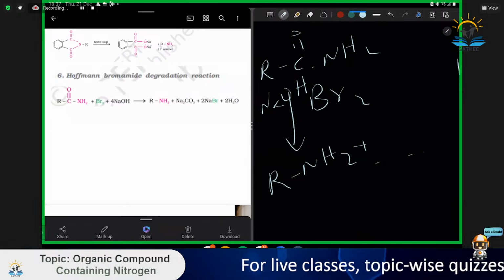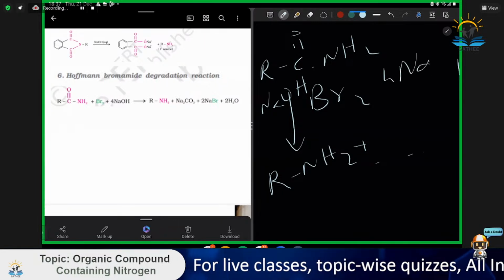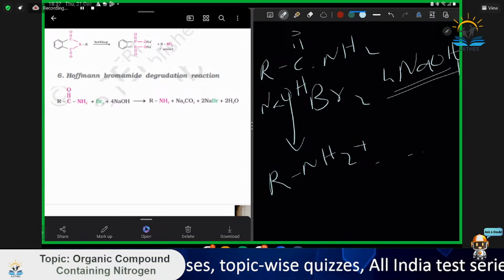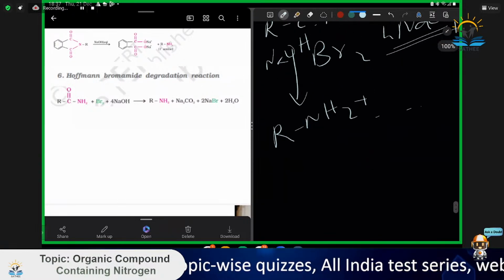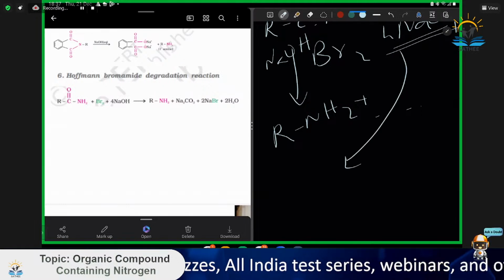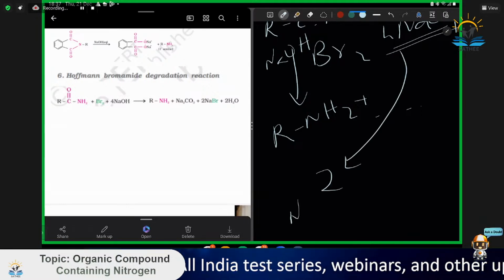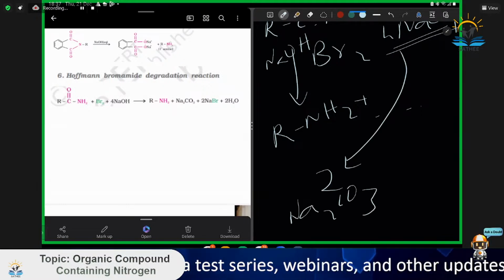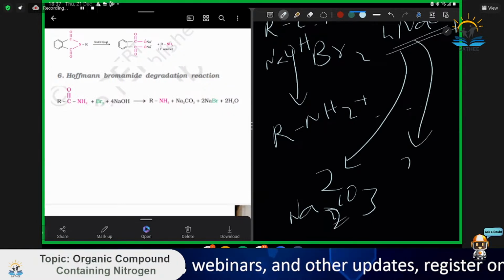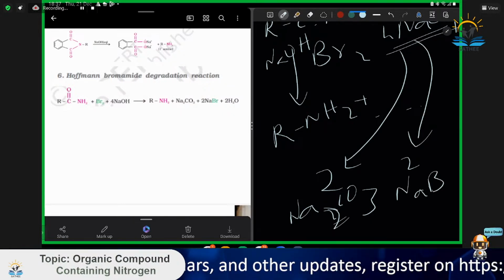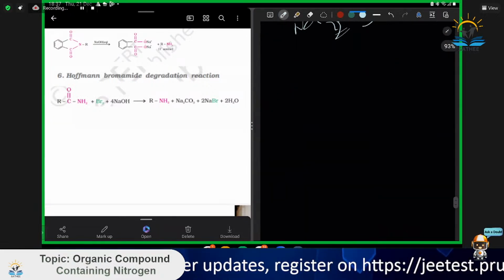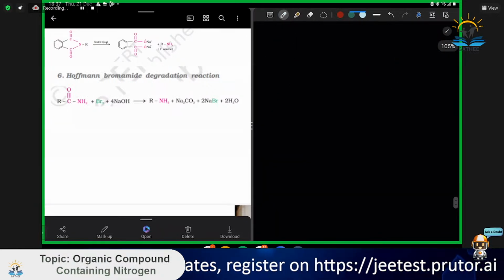You need 4 moles of NaOH. Of the 4 moles, 2 are going to be Na2CO3, and the other 2 NaBr. Widely used reaction.